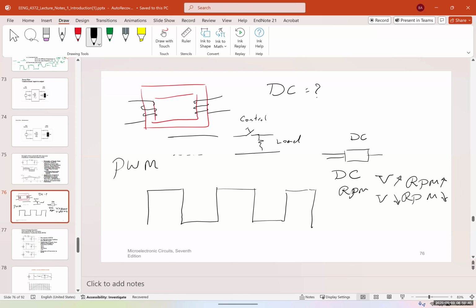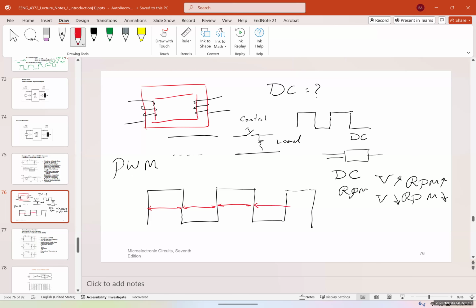I would connect and disconnect the switch. So while I have a DC input, I would have a pulsating DC, or a square signal, in the output. So again, pulse width modulation. In pulse width modulation, I can control the width of this pulse.